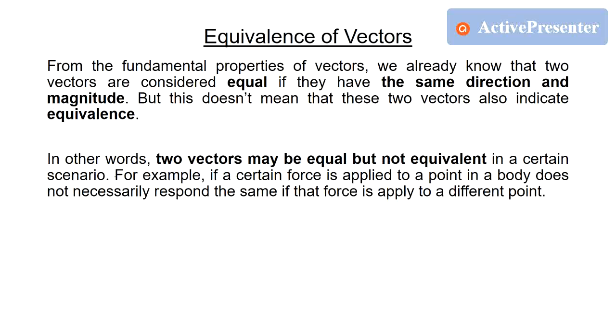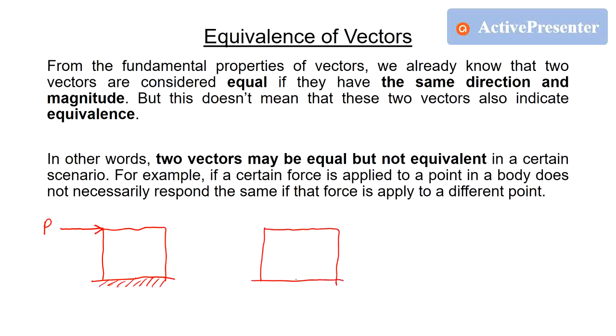For instance, if we have a box, and you push the box with a force P, the force vector is directed to the right with a magnitude P. Then you have also the same box with the same force P, which is the same magnitude P and same direction, to the right.